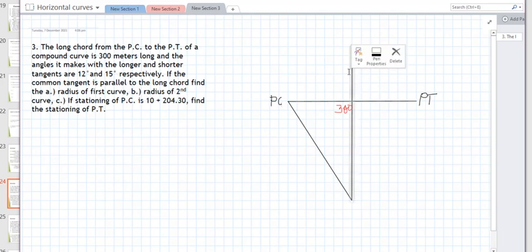So this is a compound curve. So it should not be here. Okay.